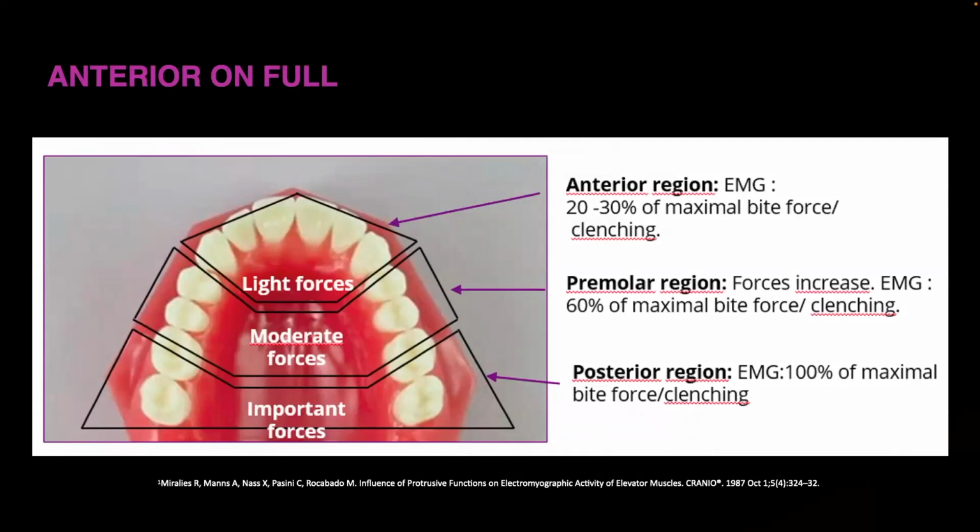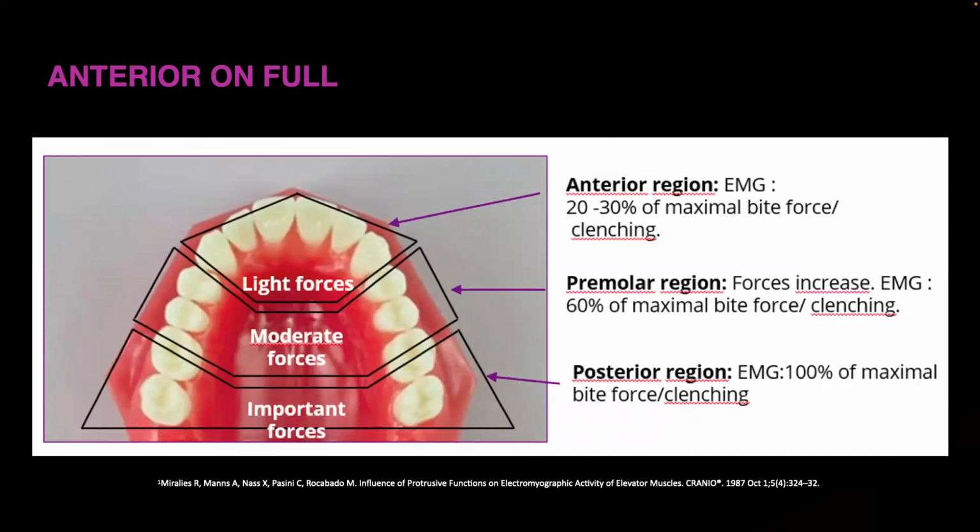The analogy that I always heard is when you get two bottle caps between your fingers and you push down, you can generate a lot more force in comparison to putting two marbles between your fingers and trying to balance those two marbles and put those forces together. So when we do anterior on full, what we're trying to do is mitigate the forces that these patients are generating when they clench or grind their teeth.